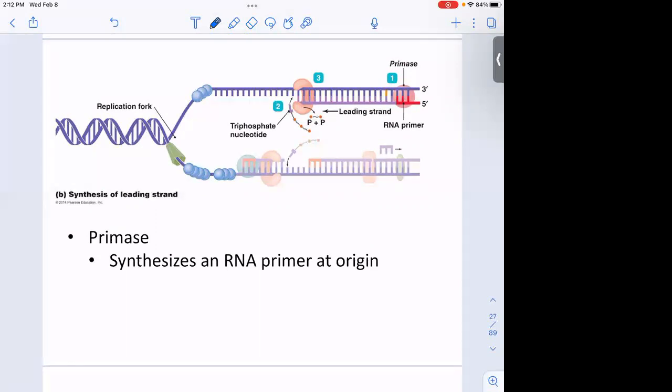Okay, we say it can't start de novo from nothing. It needs a 3' hydroxyl group to add to. So an enzyme called primase will go through and add 1 primer for the leading strand and a series of primers for the lagging strand. Okay, so it synthesizes an RNA primer at the origin. And this is short, like I mentioned before, just like 10 to 20 base pairs long.